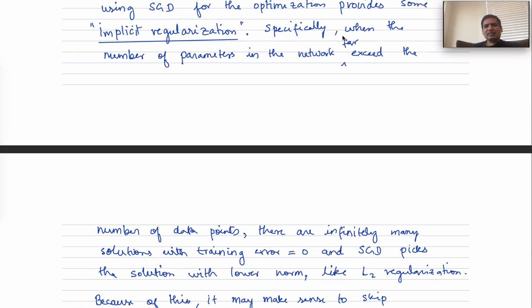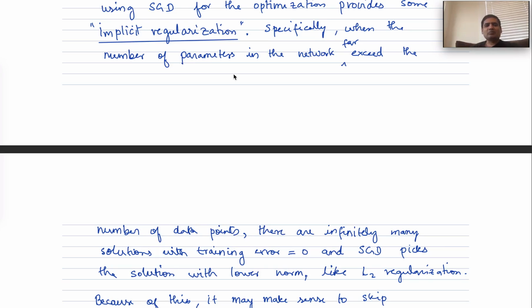Here's the basic idea. When the number of parameters in your network far exceeds the number of data points, then there are infinitely many solutions that will have training error equal to zero exactly. This is like if you have 5 data points and you take a 10th order polynomial or something like that, the 10th order polynomial can go through all the points exactly, so fit the data perfectly, and basically drive the training error to zero.